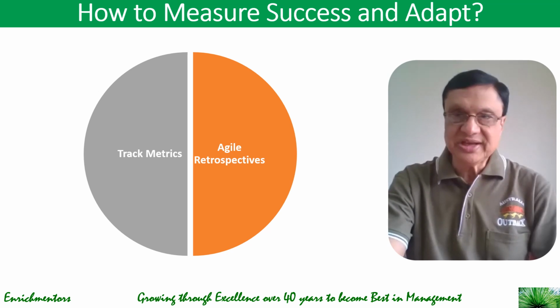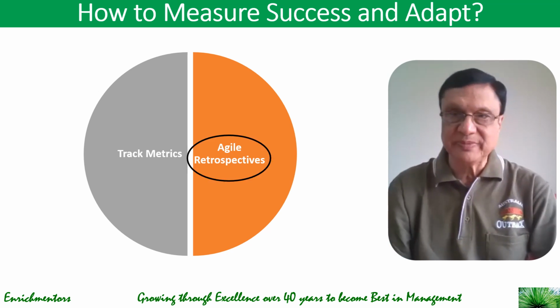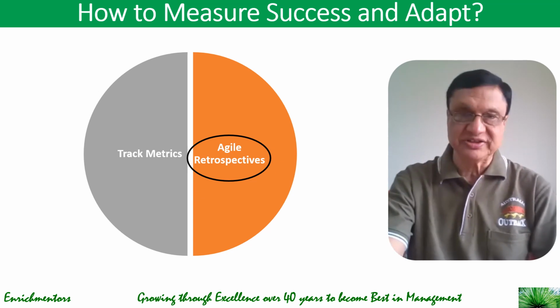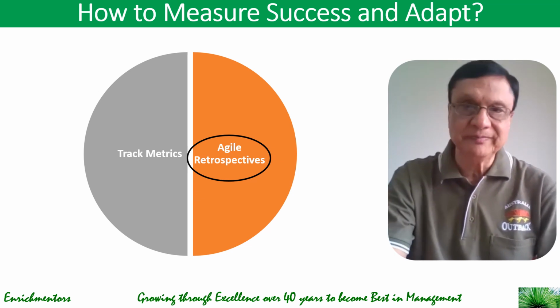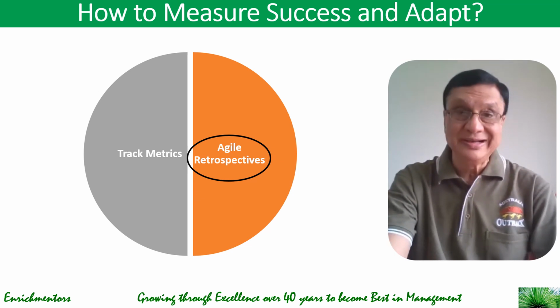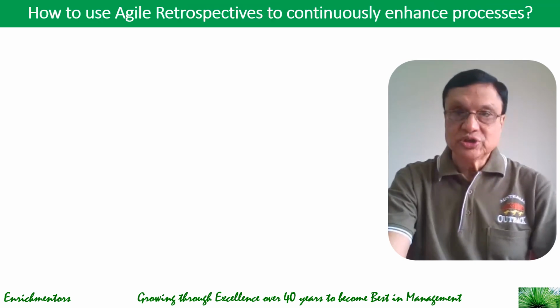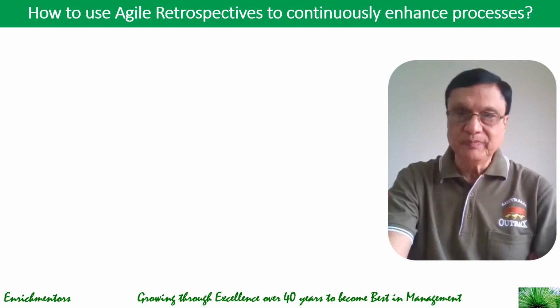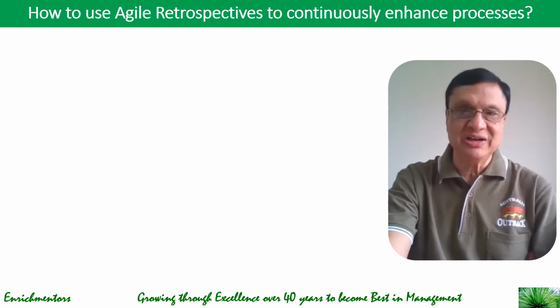Now the question is, how can you use Agile retrospectives to continuously enhance processes? We have talked about it, but let's talk in general about the whole Agile HR implementation. Agile retrospectives are a key tool in the continuous improvement cycle of the Agile methodology, as we have learned so far.